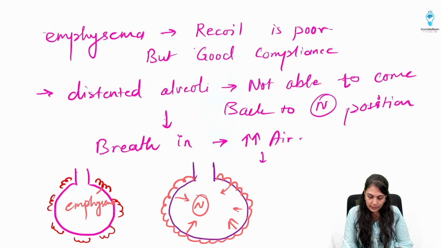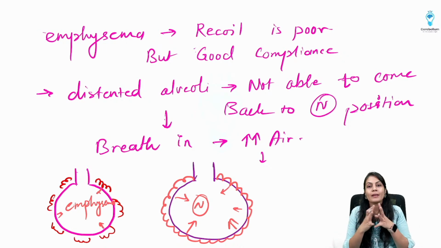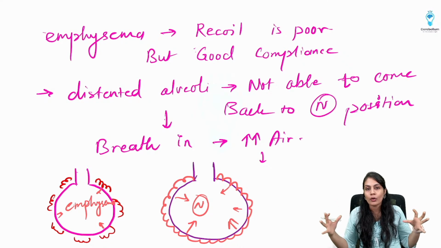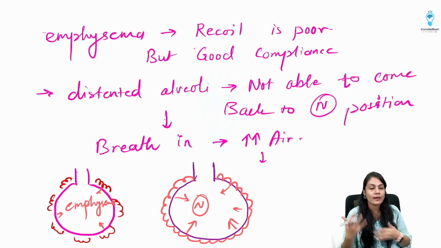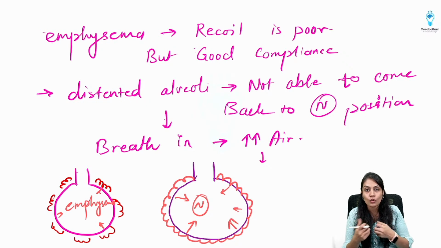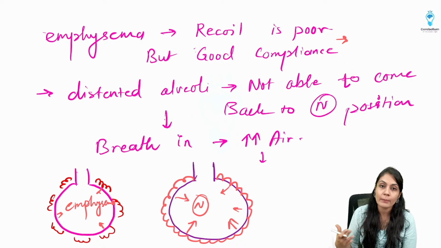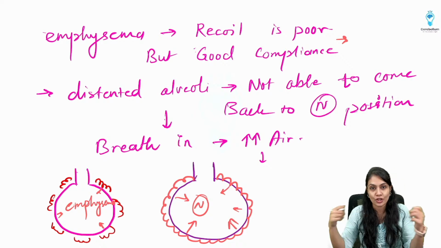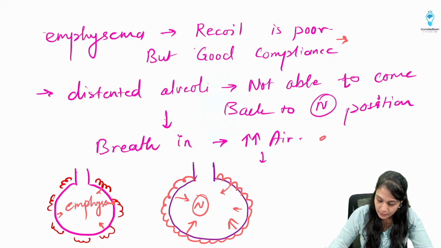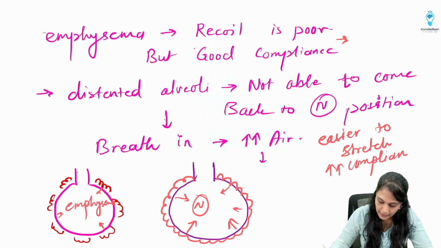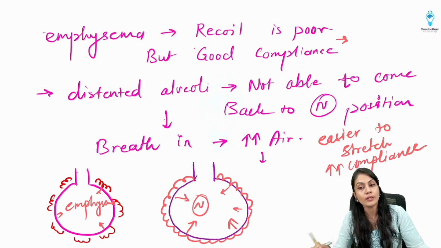But due to this, there is a lesser amount of force present, and that's why they will be able to stretch more. And remember, if there is no coil, no spring, it is easier. As I use up this rubber band, it will become easier and easier to stretch, right? So it is easier to stretch. That means the compliance has increased a lot, and the compliance is increased and the recoil is poor.